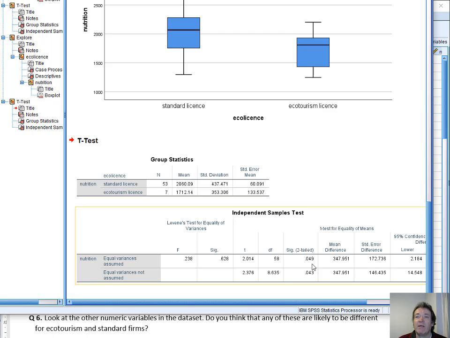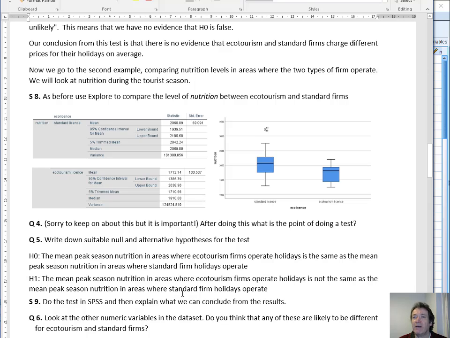Officially, I reject the null hypothesis at the 5% significance level, and instead I accept the alternative hypothesis, which says that mean peak season nutrition is different in the areas where the two different sorts of firm are operating. What we can conclude is that there is some fairly strong evidence of a difference in nutrition levels in the peak season, depending on the license the firm has to operate in that area.